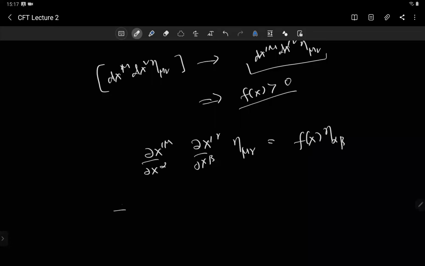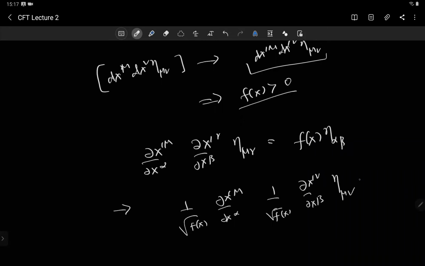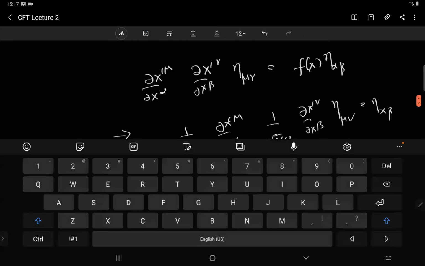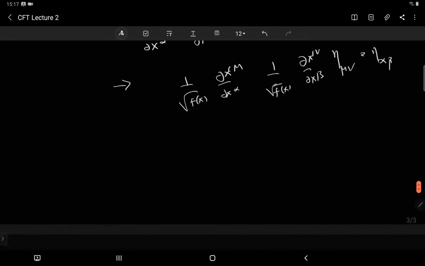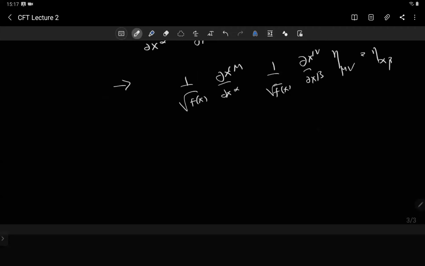We can write this as 1 by root f(x) del x'^mu del x^alpha, 1 by root f(x) del x'^nu del x^beta, eta_mu_nu equal to eta_alpha_beta, right? And then of course we know what this is. The solution to this is the Lorentz transformation.